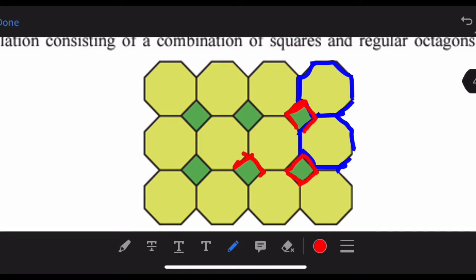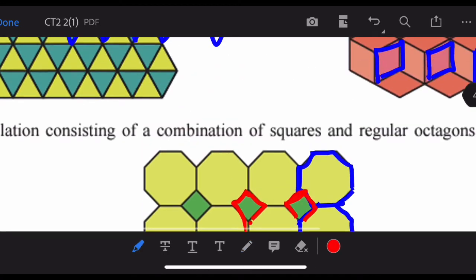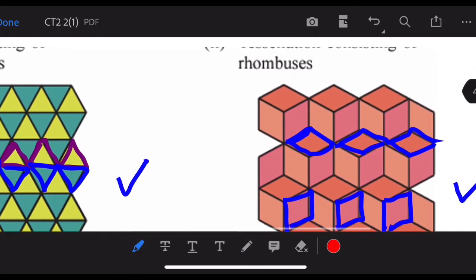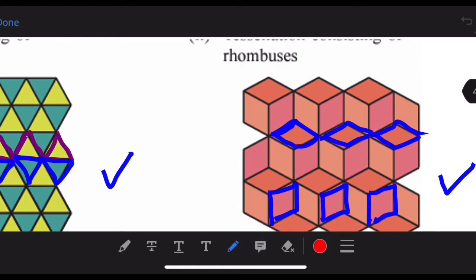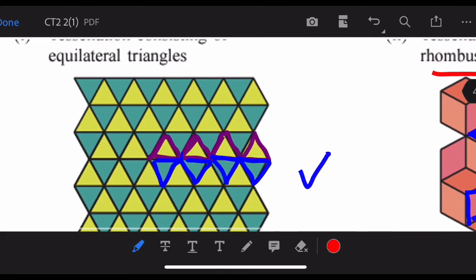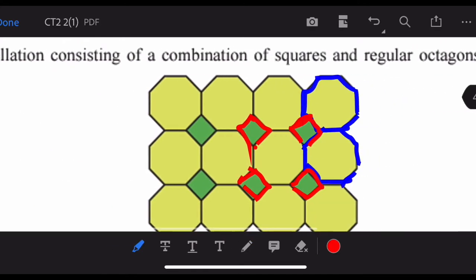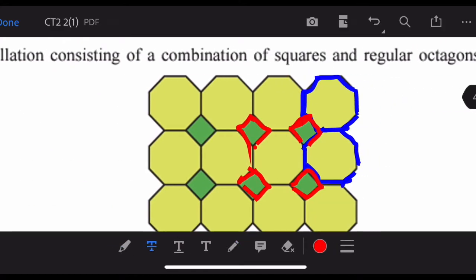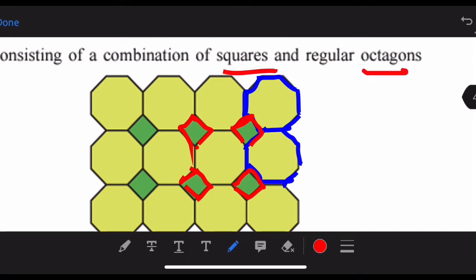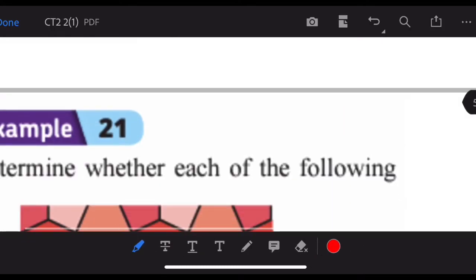There are 6 actually and they keep on repeating, right? So this is called tessellation. This is repeating rhombuses. This is repeating equilateral triangles, and this is repeating squares and octagons, right?